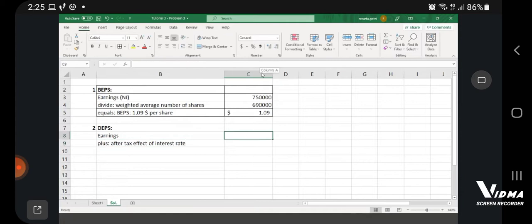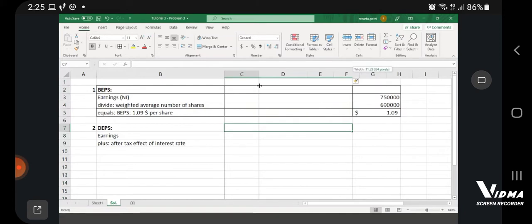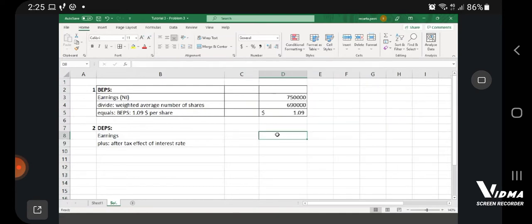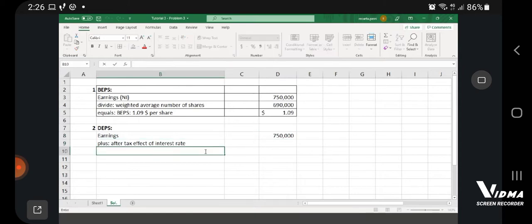So let's make the calculations a little bit easier by inserting the secondary data in an internal column, if I may say that. So the earnings where we start the calculation are 650,000, plus the after-tax effect of interest rate. That is actually calculated, but for reference reasons, I'm including it there.